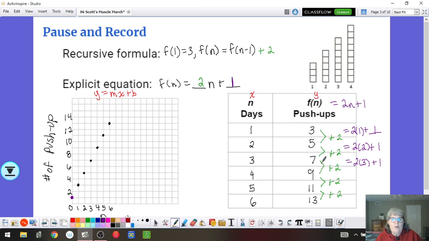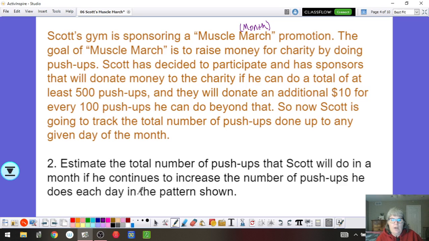So think about how that pattern is going, and just think about how many push-ups you think Scott does in the month of March if he follows that pattern.